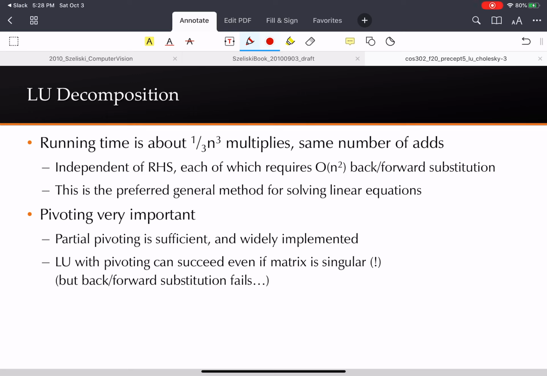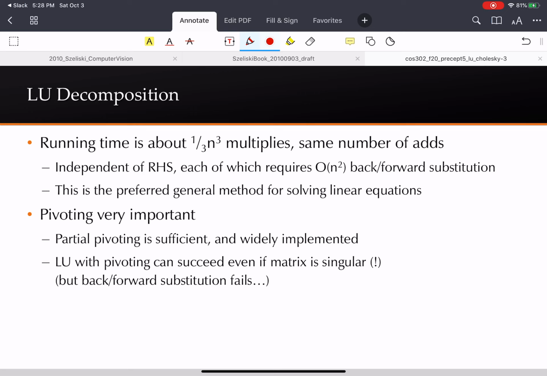And note that this decomposition is independent of the right-hand side. And from the previous slides of back and forward substitution, we know the right-hand side takes n squared running time. So this LU decomposition is the preferred general method for solving linear equations. We also note that pivoting is very important.